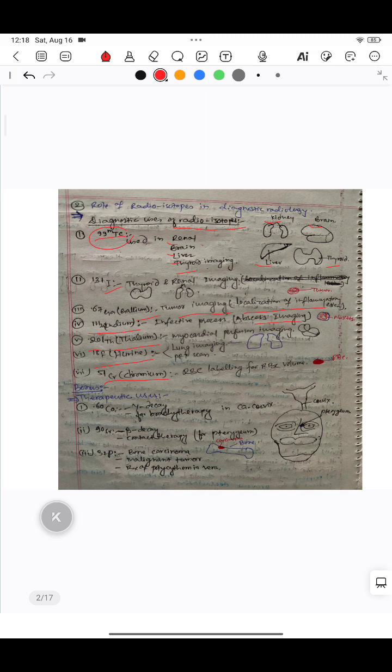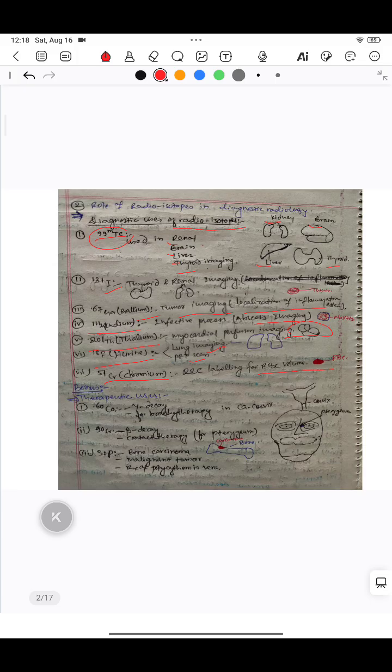So an abscess is usually defined by indium. 201 thallium is for myocardial perfusion imaging, the heart. Fluorine 18 is for lung imaging and PET scan, and 51 chromium RBC labeling is for RBC volume. These are the diagnostic uses.